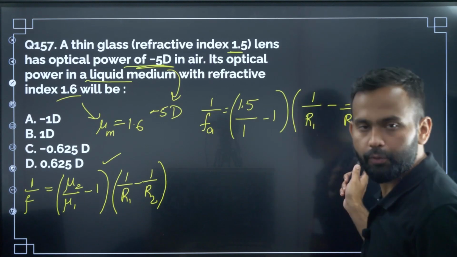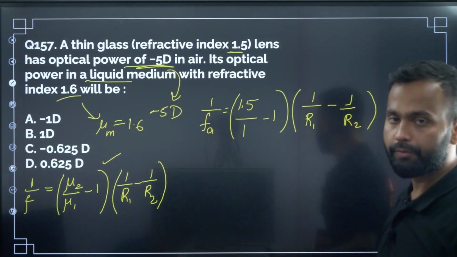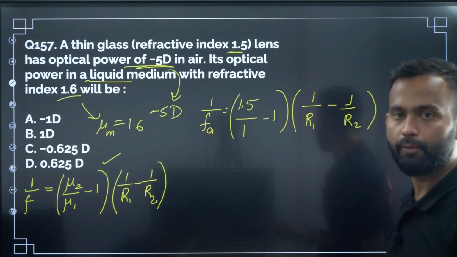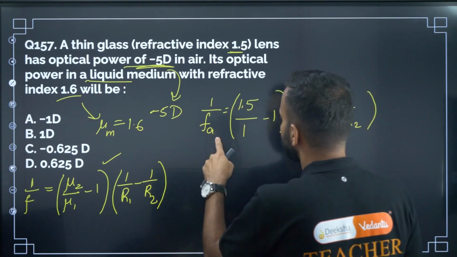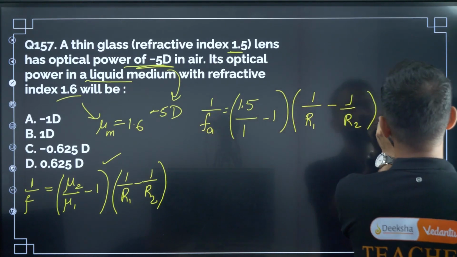R1 and R2 are radii of curvature. We know that power is the reciprocal of focal length, so I can also write 1 by Fa as Pa.